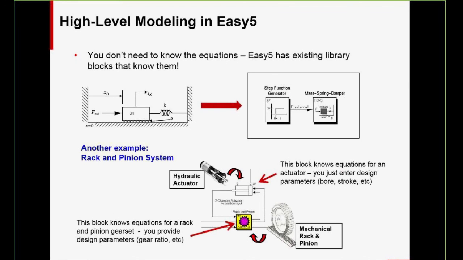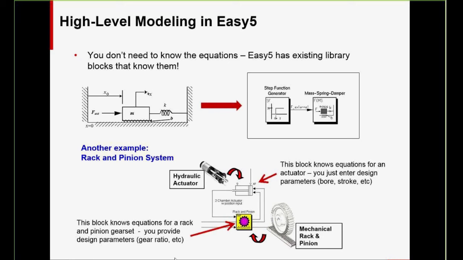There are a number of commercial application libraries available, or many users develop their own application libraries for high-level modeling in Easy5. And this means that the end user doesn't necessarily know the equations in detail. Those are built into the library components. And then the end user just needs to know physically realistic design parameters and initial conditions to create a physically realistic model.